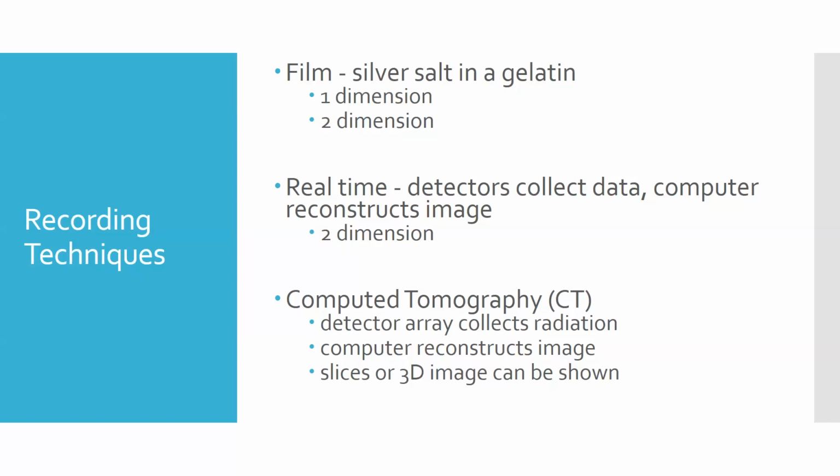And you have a lot of those laid out in a grid to create essentially pixels. You can use that to construct a 2D image with a computer. You feed that data, essentially the radiation field strength at all these different points, into a computer and it can create an image using that. And it does that in real time.